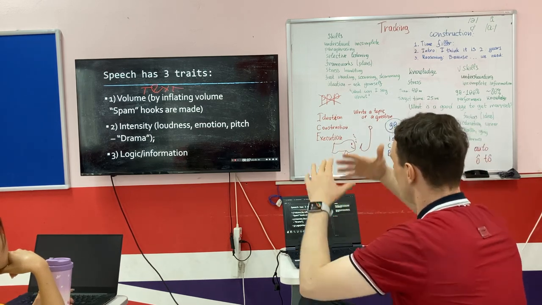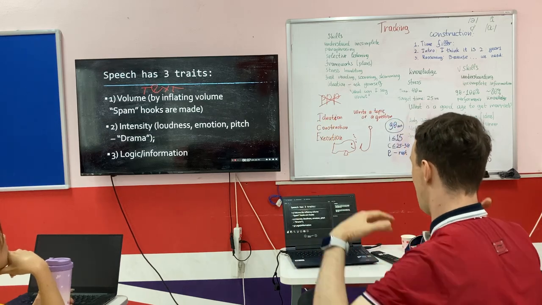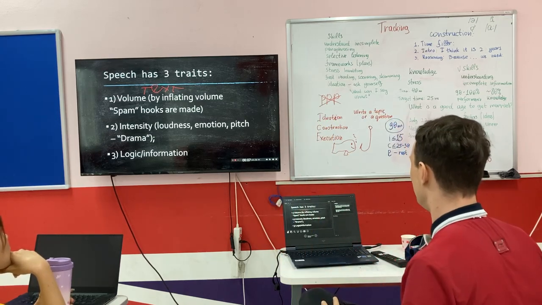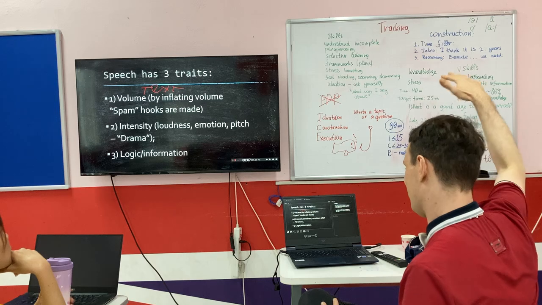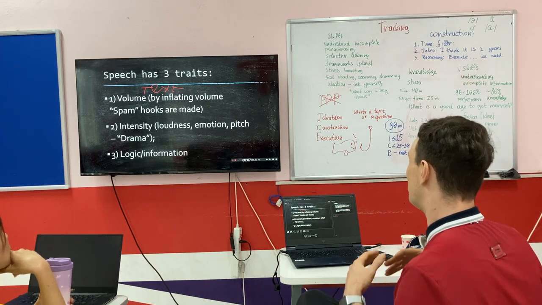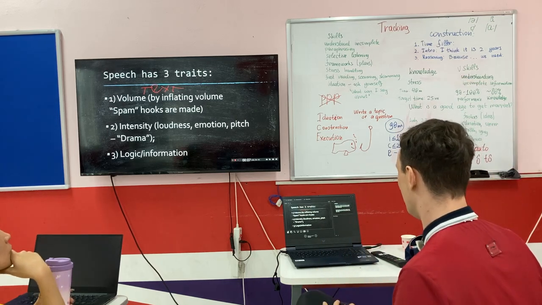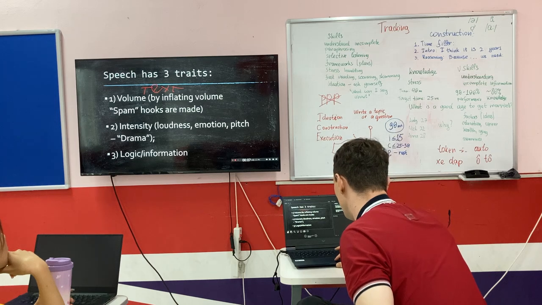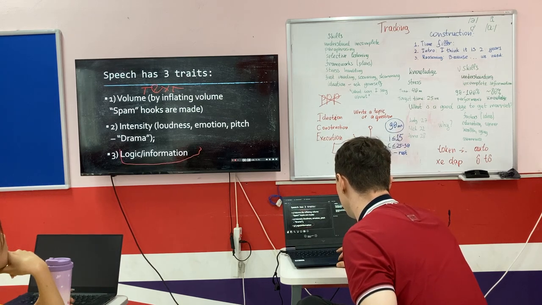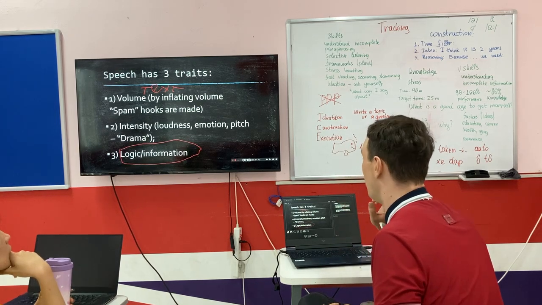Then comes intensity, loudness, emotion, pitch. This level makes it more dramatic, more emotional. And the third level is actually logic and information.